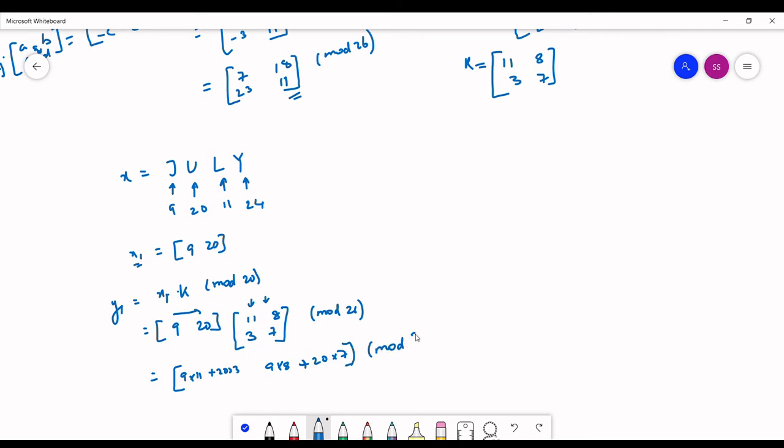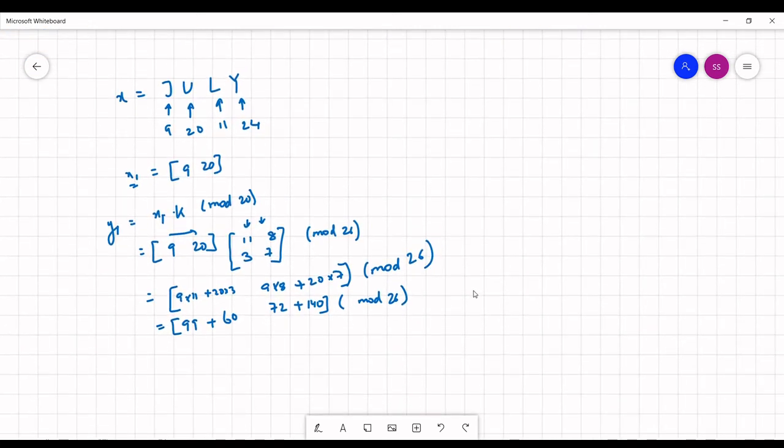Mod 26. If you solve it, it is 99 plus 60, and 72 plus 140, mod 26. Now you can solve it by adding both the numbers and then taking mod of that number.